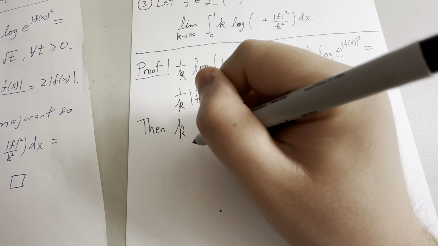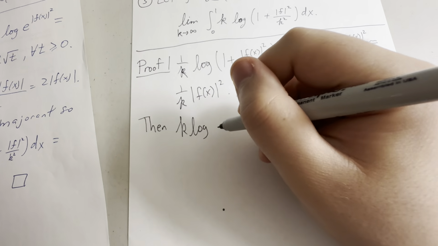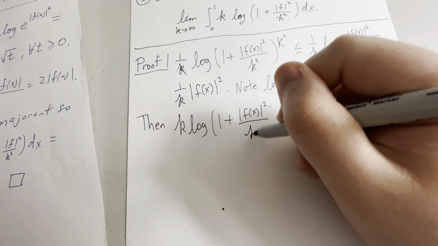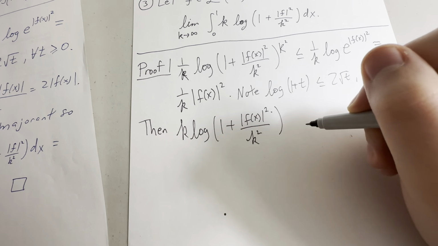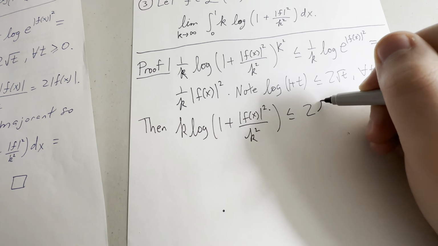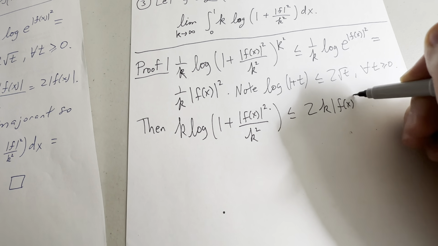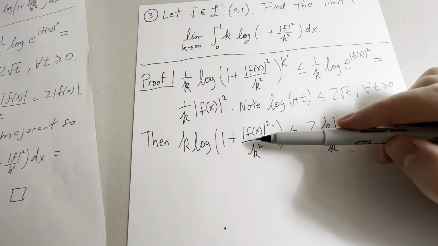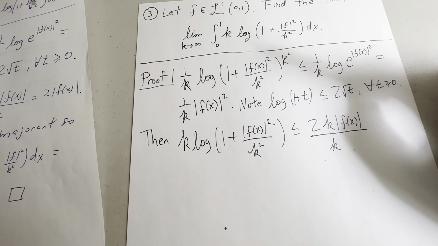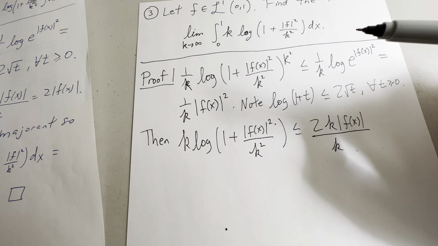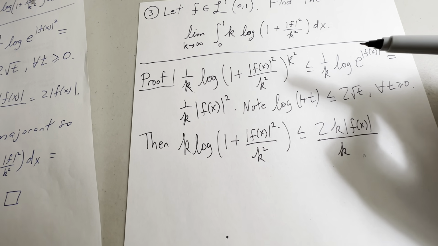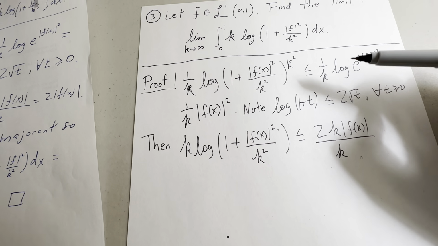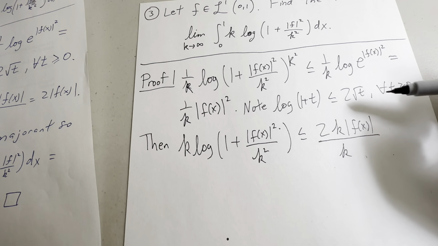Then k times the logarithm of 1 plus absolute value fx squared over k squared is going to be less than or equal to 2 times k times the absolute value fx over k. Because we take the square root, that gives me this term.